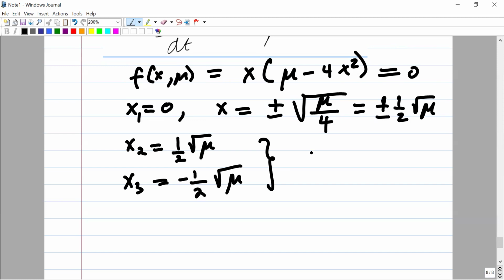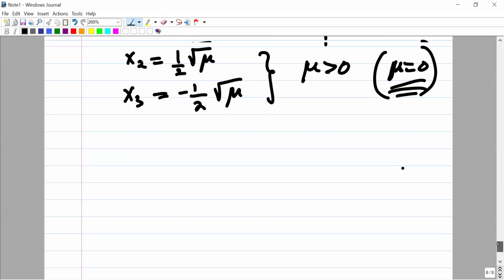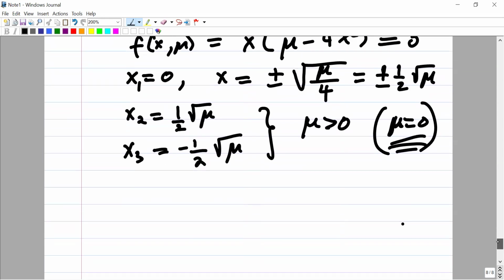Now, provided for these two, mu is greater than 0 for us to have distinct roots, but remember mu equal to 0 is also a possibility, which will unfold when we now deal with the stability of the equilibrium points. So we have 3 equilibrium points for a pitchfork bifurcation.